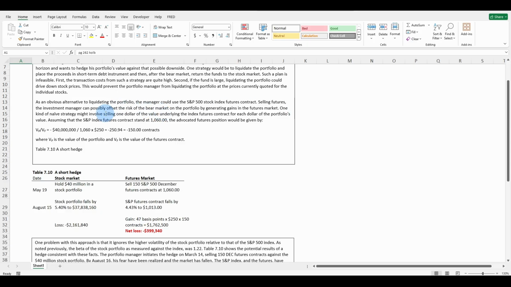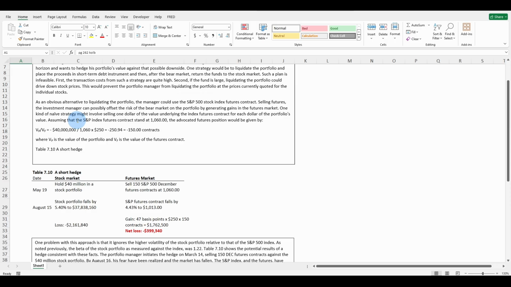One naive strategy might involve selling $1 of the value underlying the index futures contract for each dollar of the portfolio's value. Naive strategy, just keep that in mind. There's a clue.